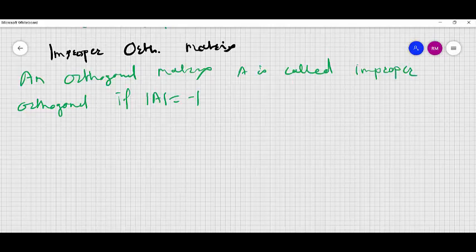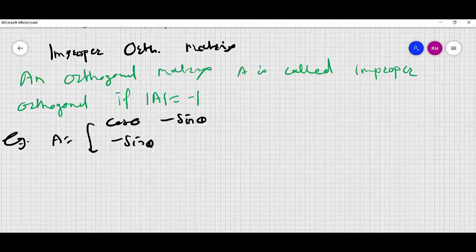Example, again take this example, cos theta, sin theta, sin theta, minus cos theta.